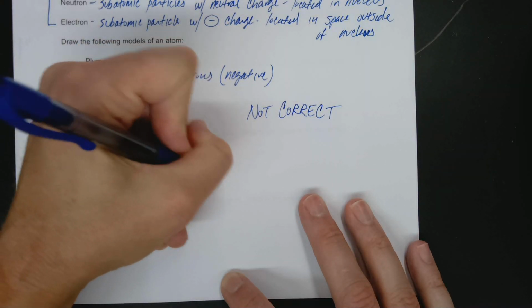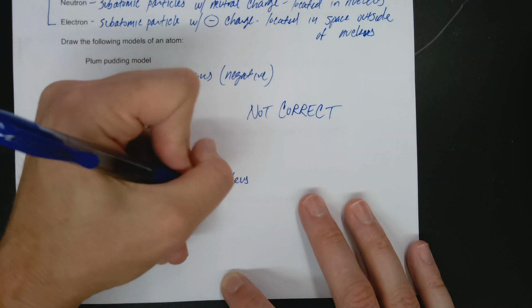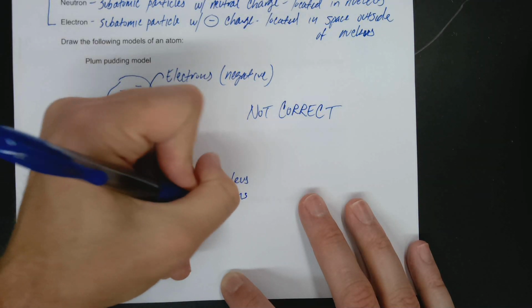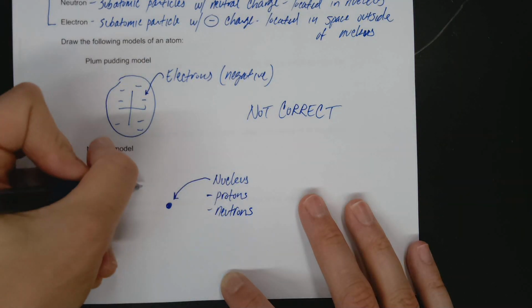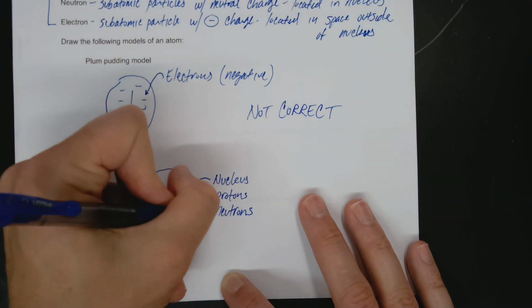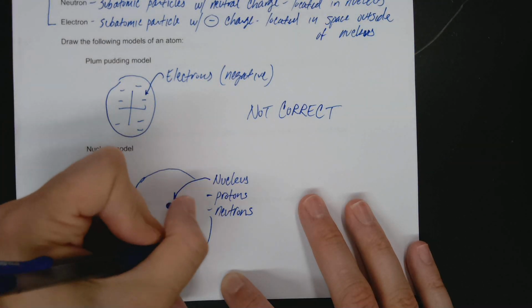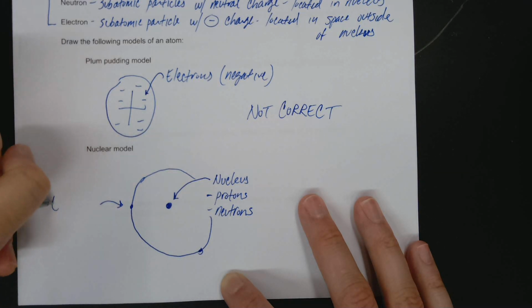So we call this the nucleus. And the nucleus is positively charged because it has protons and neutrons. And then floating on the outside of the nucleus were tiny little electrons.